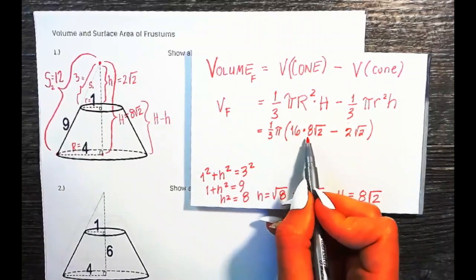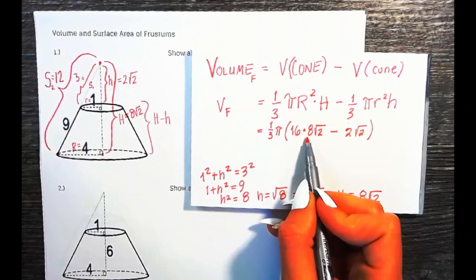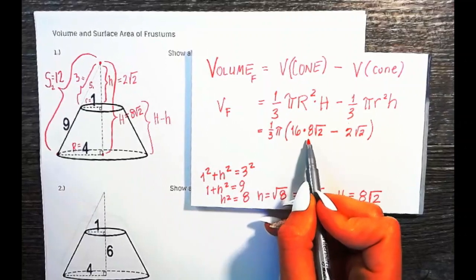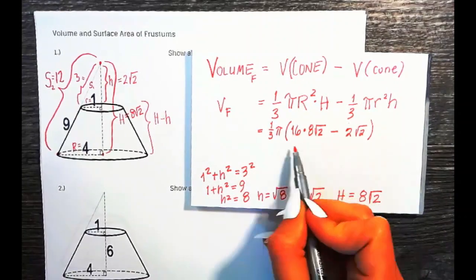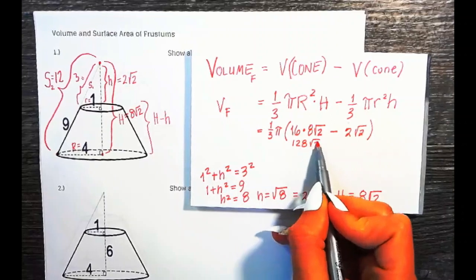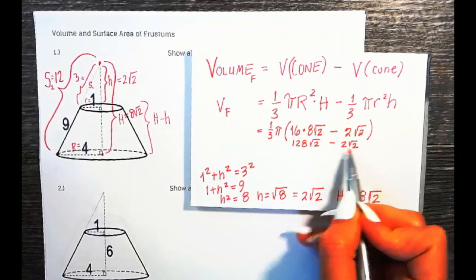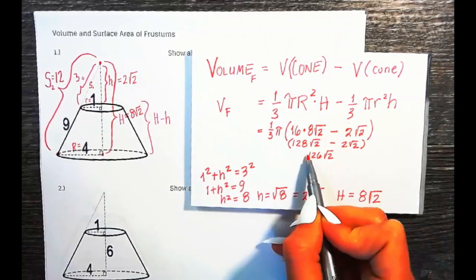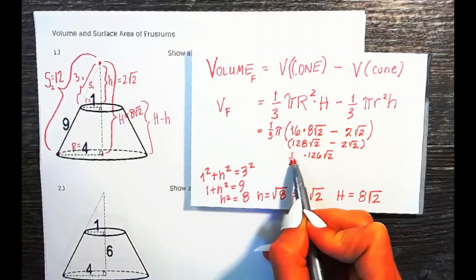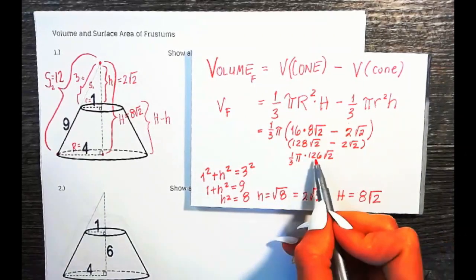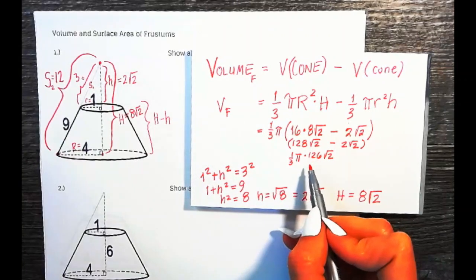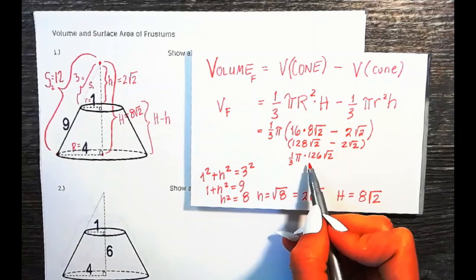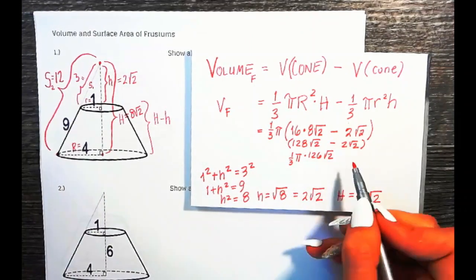16 times 8 is the same as 16 times 2 times 2 times 2, because 8 is 2, 2, 2. 16 times 2, 32, times 2, 64, times 2, 128. So this is really 128 rad 2 minus 2 rad 2, which equals 126 radical 2 times that 1/3 pi out front. 126 actually does divide by 3 because the digits add to 9. 126 divided by 3 is 42.